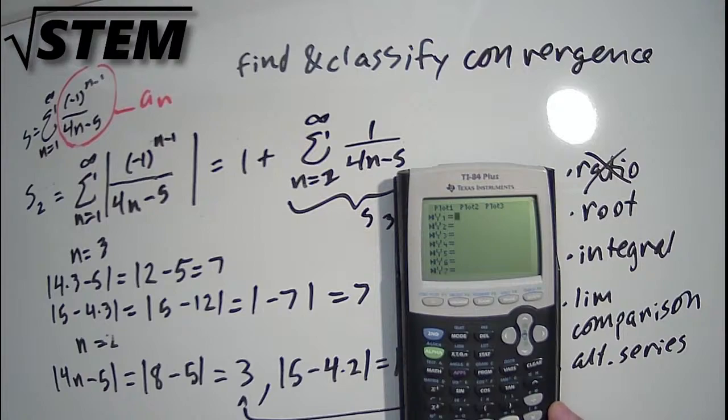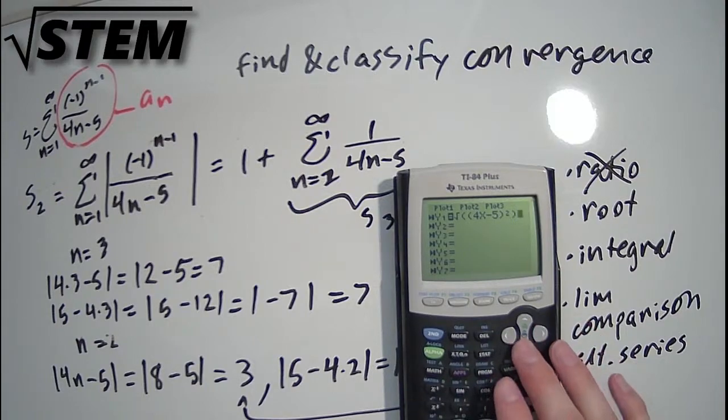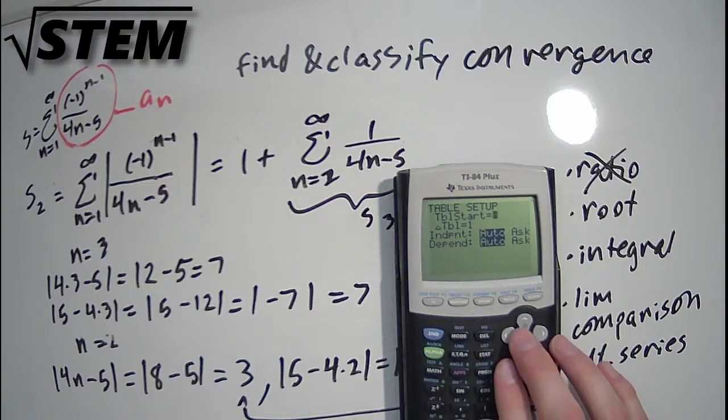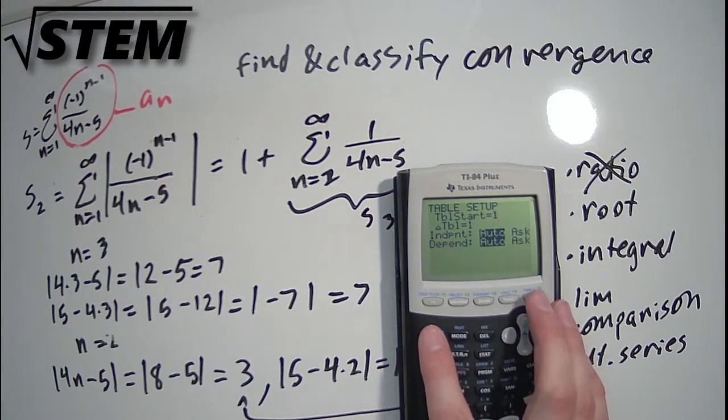How do I do an absolute value on this thing? I don't actually know. I guess square it and take the square root. So the square root of 4x minus 5 squared, and the square root of 5 minus 4x but squared. So table start at 1, delta table 1.